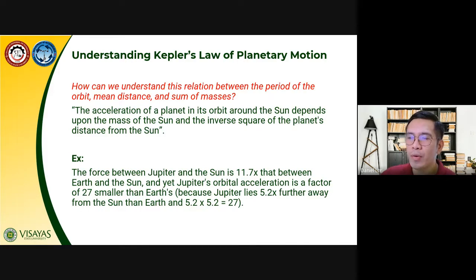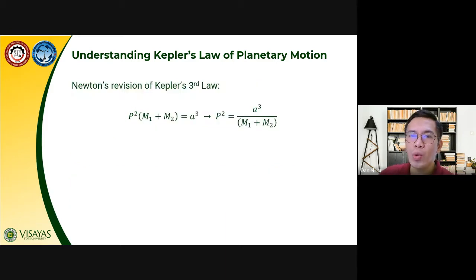So in order for us to further explore this relationship, we have to review our discussion of Kepler's third law. So going back to the third law of Kepler, note that the relationship between the orbital period and the average separation between the masses actually depends upon the sum of the two masses, M1 and M2, orbiting the common center of mass.